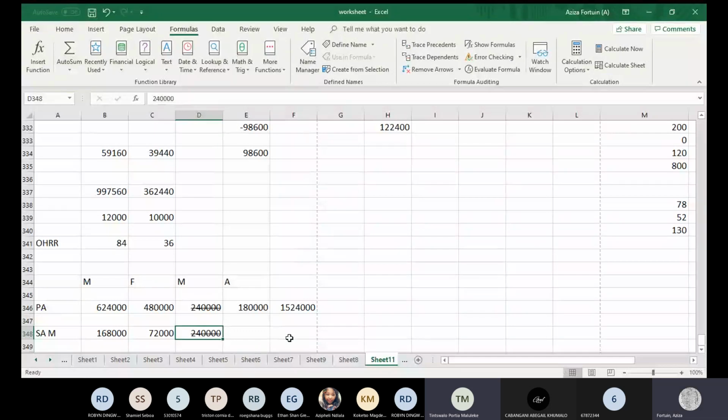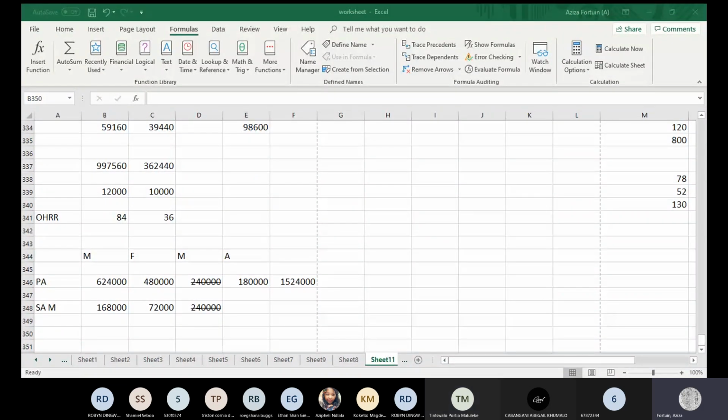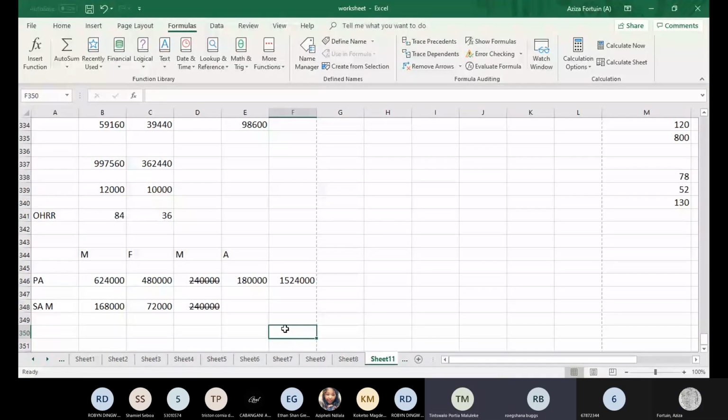The rest of the class? Ethan, do you understand how she got that 168 and the 72,000? Rushana? Robin? No, I don't. Okay, I also don't, Aziza.